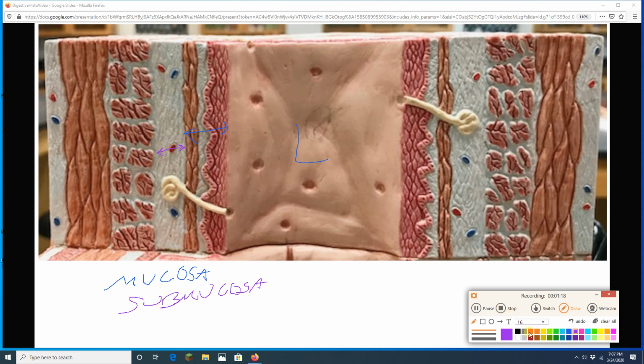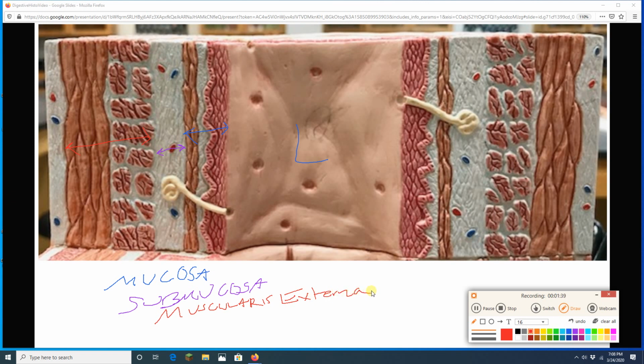Number three is this rather large and thick layer here. It is called the Muscularis Externa. I bet you can guess it is made out of muscle.